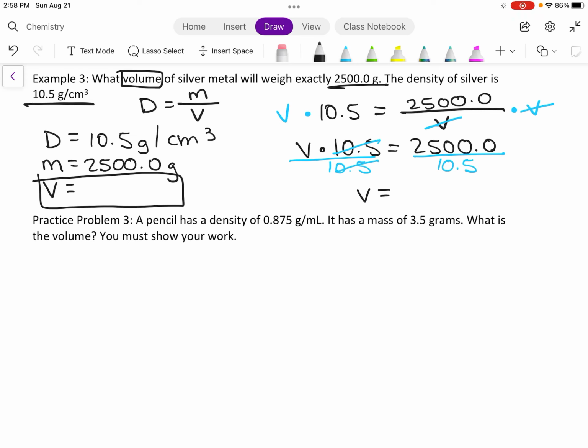So volume equals 2,500 divided by 10.5 comes out to 238. And I need some units for this. So I see centimeters cubed was used. So I'm going to use centimeters cubed. Okay, and y'all can stop the video and finish up with problem 3.